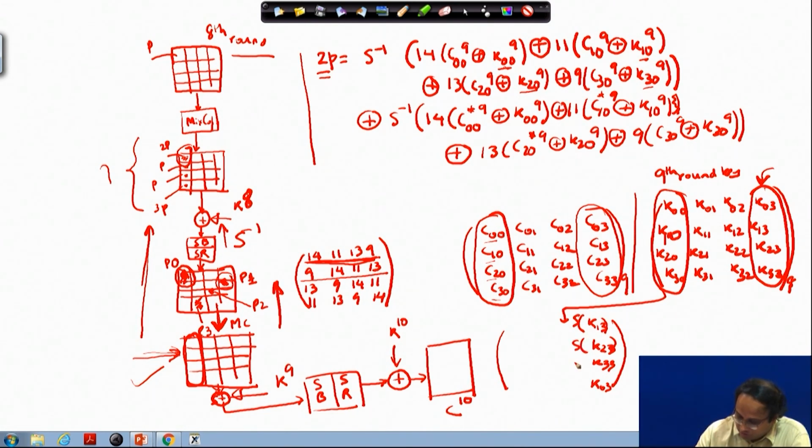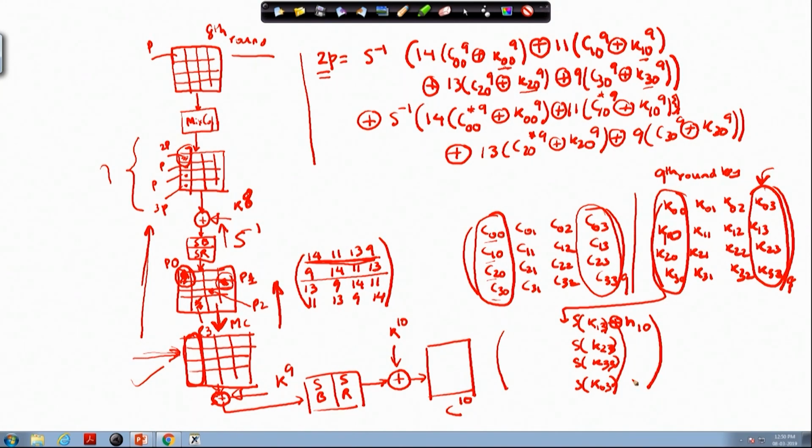This is often called SubWord, and then there is a round constant. In this case the 10th round constant is denoted as H10, and you get this particular operation. This is the first part of the 10th round key.